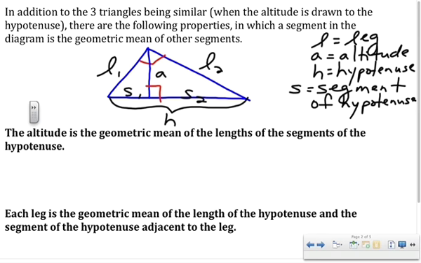Subscripts, as you can guess, are very important. Notice that L1, leg 1, is touching S1. It's adjacent to it. That comes into play in one of the later proportions that I give you.